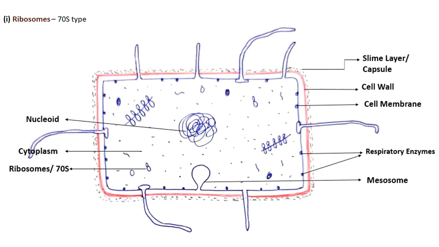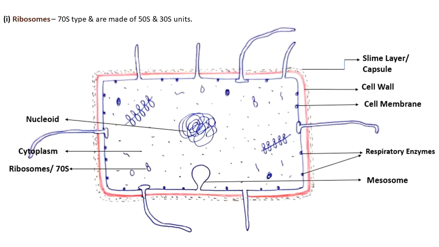This ribosome actually has two subunits, 50S and 30S. 50S is the large unit and 30S is the small unit. So the 30S and 50S units form the 70S type of ribosomes.